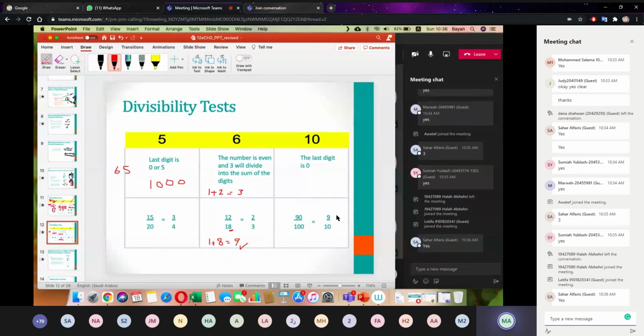So it ends with an even number, and when we add the values, we get a value that can be divided by 3. Now we can divide it by 6. Clear?